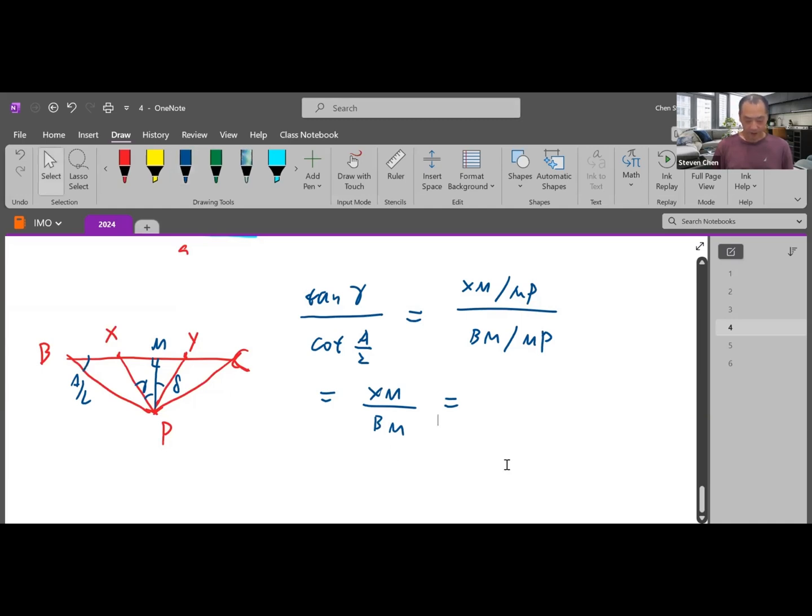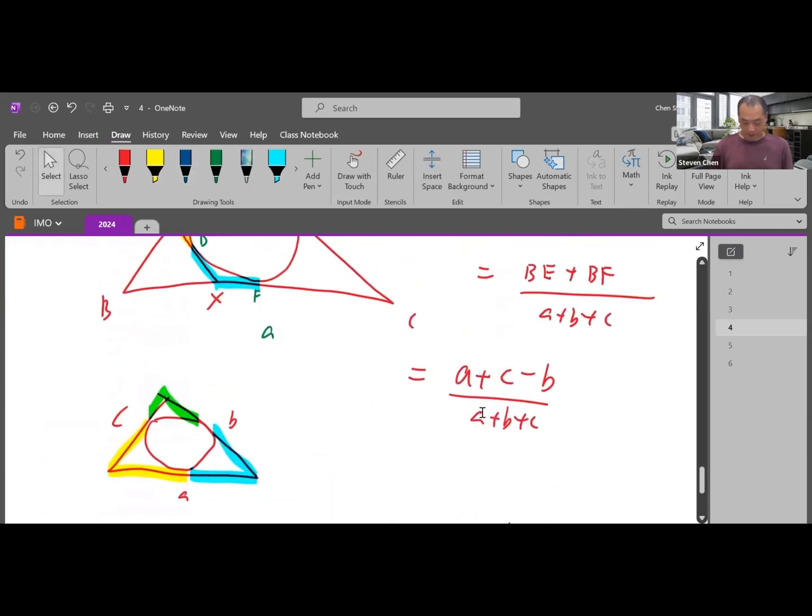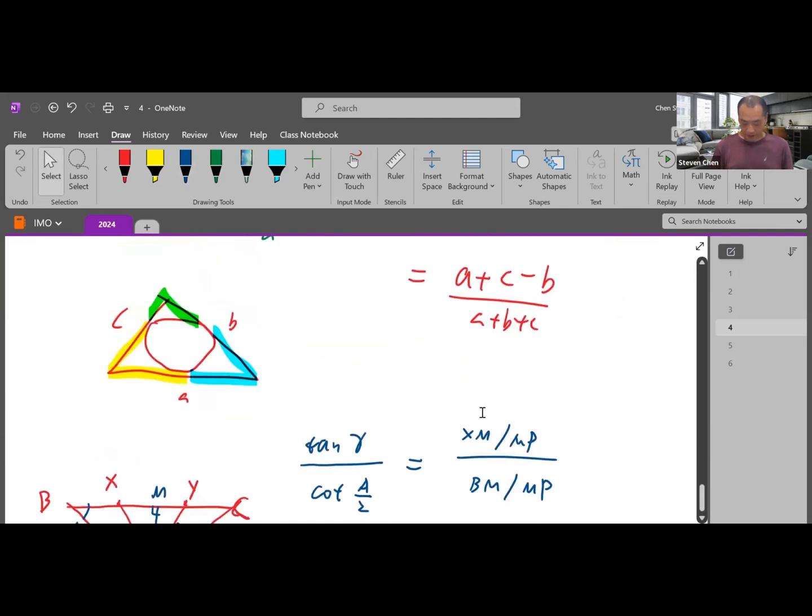Actually, it's simply equal to half of BC. So it's half of small a minus BX, with the formula we just derived, over BM, which is half of a. Okay. All right. Let me plug in BX here.